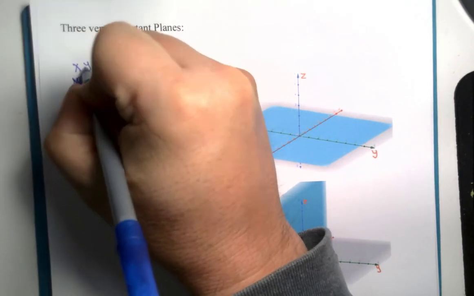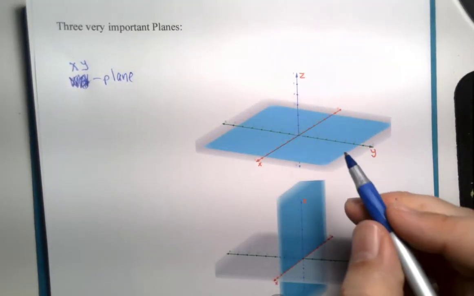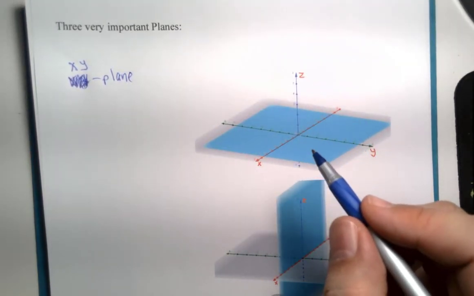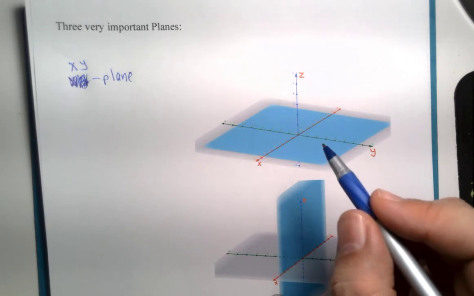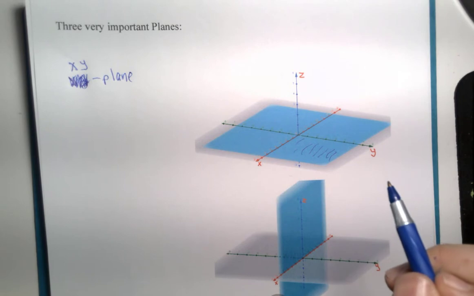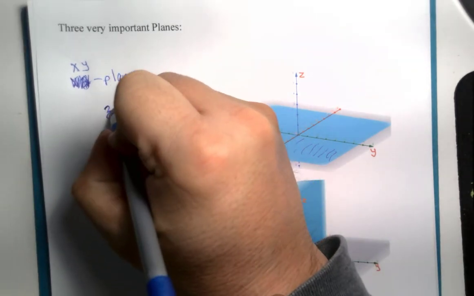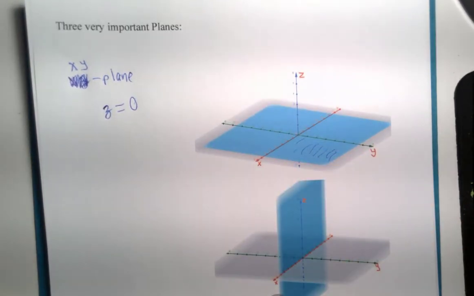How about we call it the xy plane? X, Y, Z. There we go. The xy plane, our traditional plane. You know, this was the first quadrant when we had only 4 of them to worry about. The xy plane is where all z values are 0. Sometimes I'll say it's on the ground. It's on the ground.